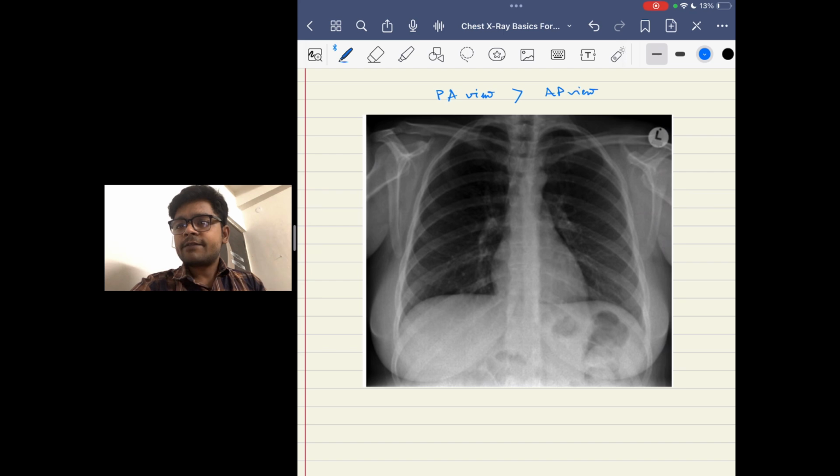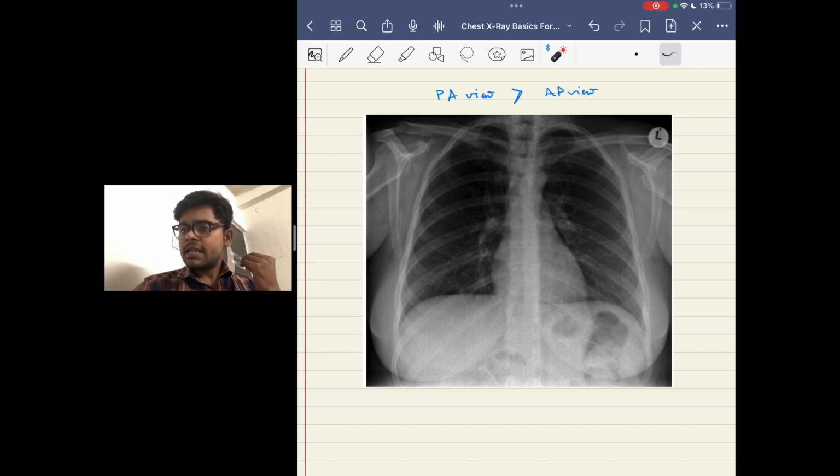So why have I given this sign? Because most of the time it is the PA view that is utilized for taking x-rays in a standing, erect posture. It is because most of our patients are mobile, they can walk, and we get a lot of information from a PA view.